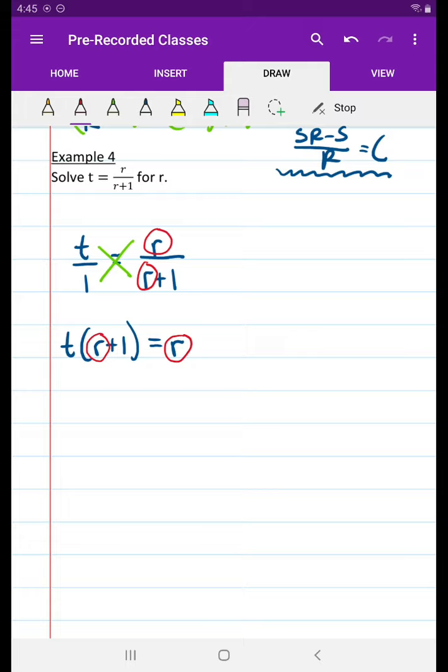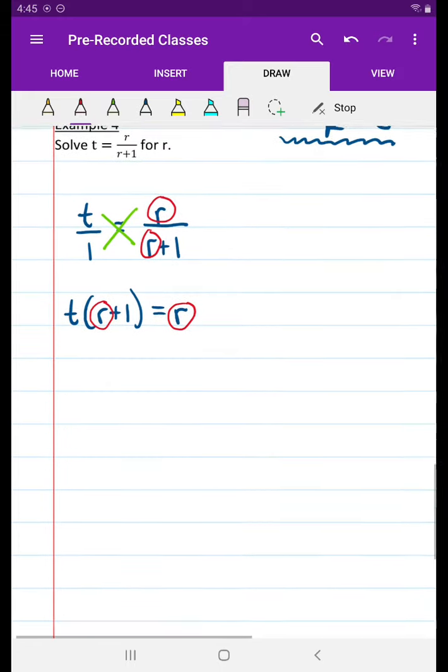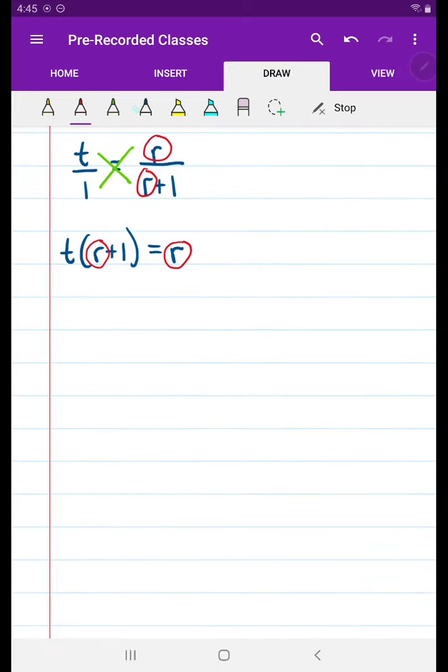And the other problem is that r is locked up in a set of parentheses. So one of the first things that we could do is get it out of those parentheses. So we'll distribute this t. And so that'll give us tr plus t equals r.